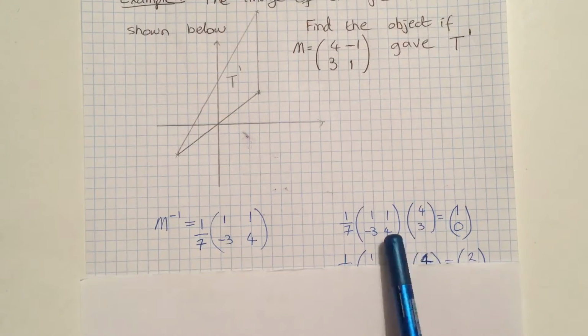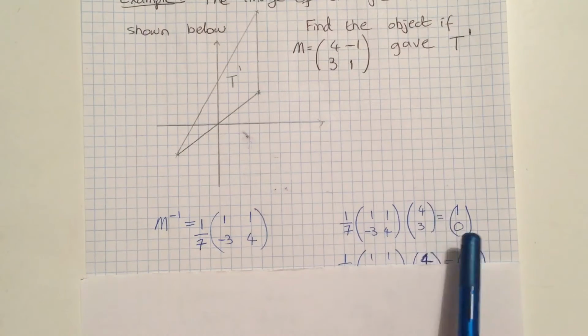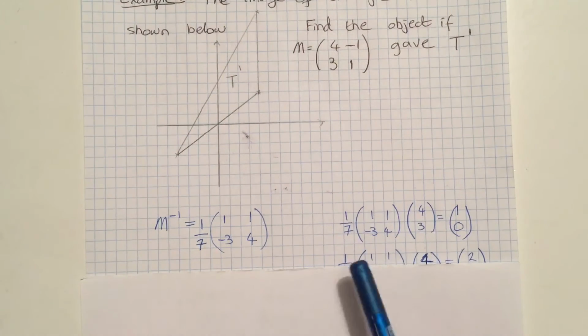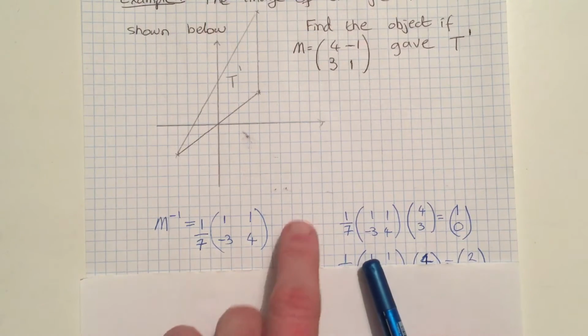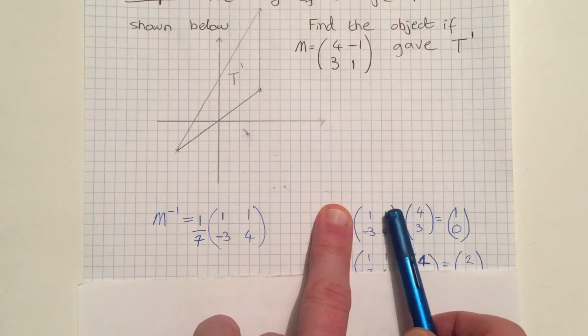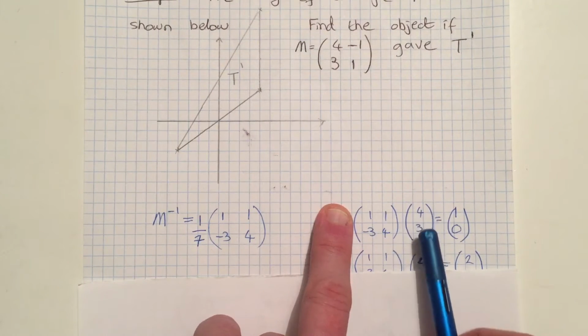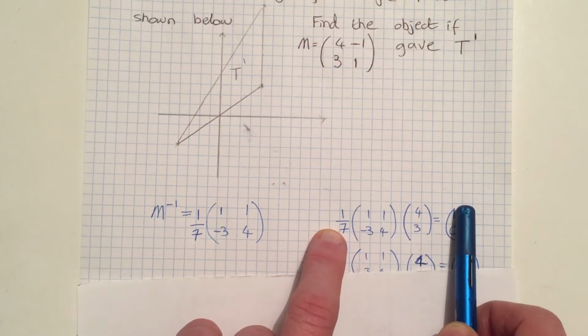So that's what I've started to do over here. This coordinate here is the coordinate 4, 3. So if I do the inverse matrix times 4, 3, don't worry about the 1 over 7 to begin with. We'll do 1 times 4 plus 1 times 3. So 4 plus 3 is 7. Divide by 7 is 1.